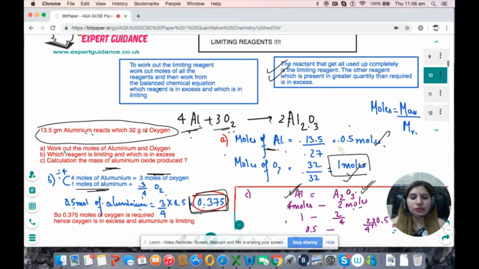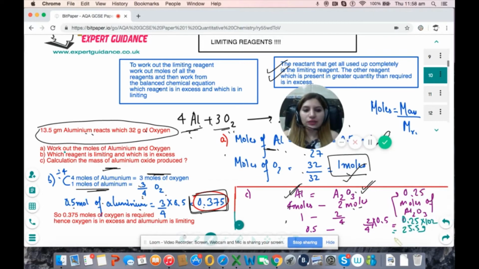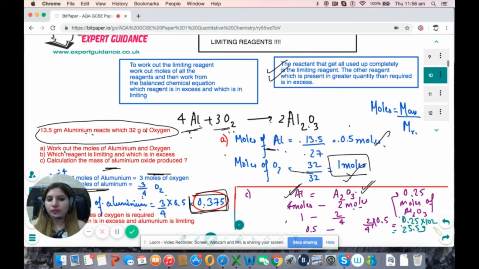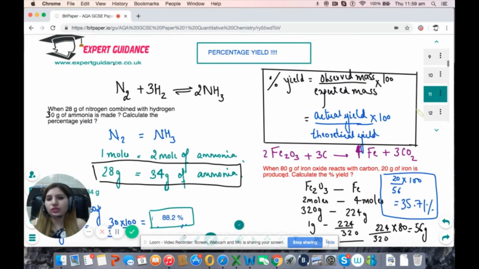Here we have how many moles of aluminium? 0.5. That will give you 0.25 moles of aluminium oxide, and you can multiply the 0.25 by the MR and you can get 25.5 grams. Okay, so I hope this calculation of limiting reagent is clear to you. This is important. You should know the definition of limiting reagent and how you work out the limiting reagent.